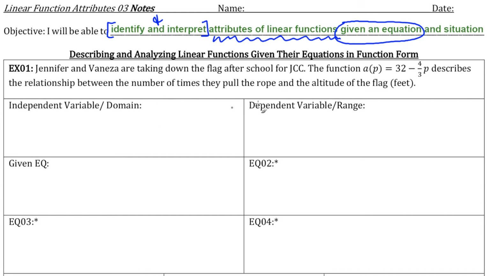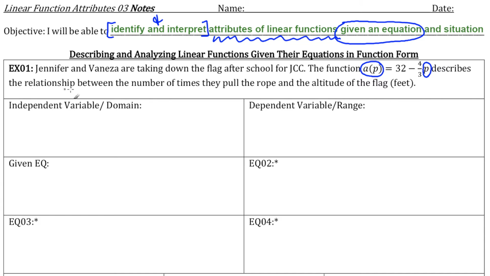So as usual, the first thing we'll do is try to figure out what the independent and dependent variables are. So let's figure out what things can change. From our equation, we know that we have a p and an A of p.